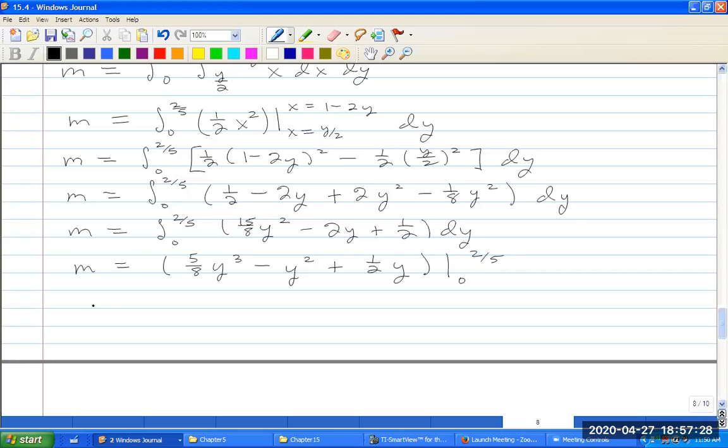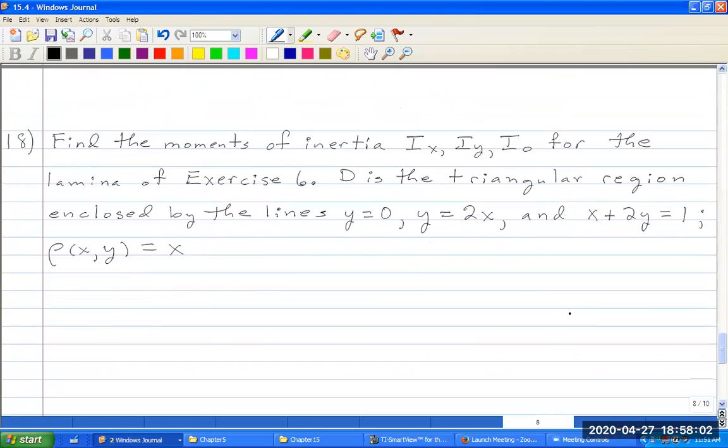So 0 gives you nothing. So m is equal to 5 over 8 times 2 over 5 cubed. The 2 cubed and the 8 cancel, and one of the 5's will cancel. And then this is 2 over 5 squared plus 1/2 times 2 over 5. The rest gives you 0, of course. So let me simplify this.